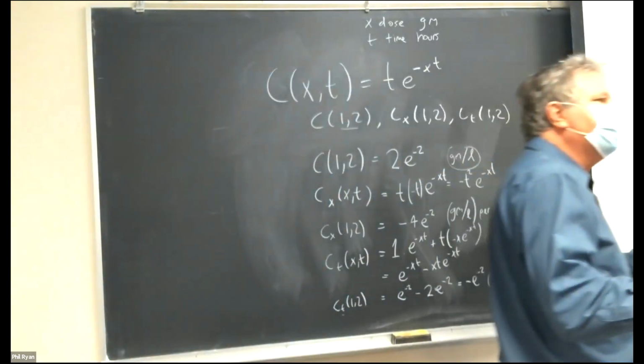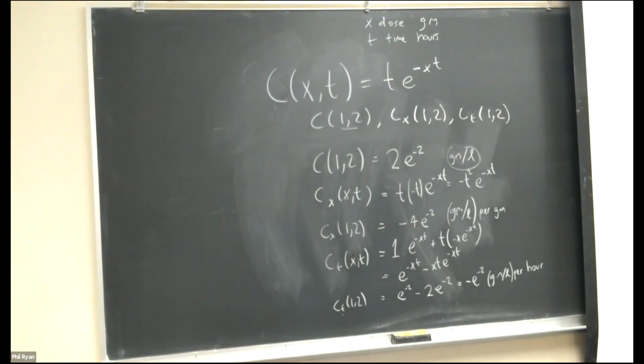But it's the same strategy that I talked to you about before, which is that we keep one variable fixed and we look at what happens when we vary the other.